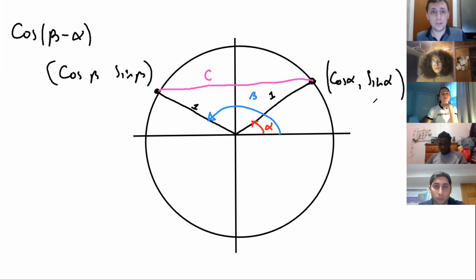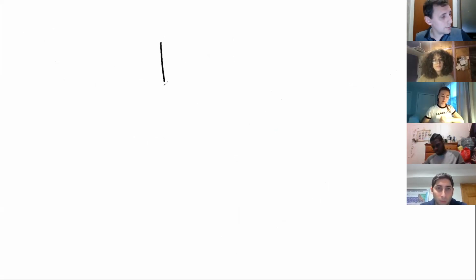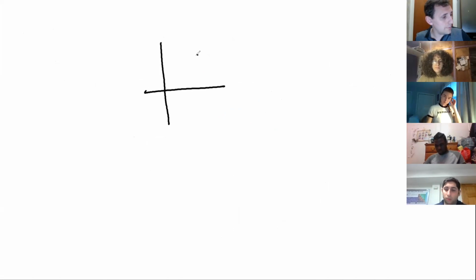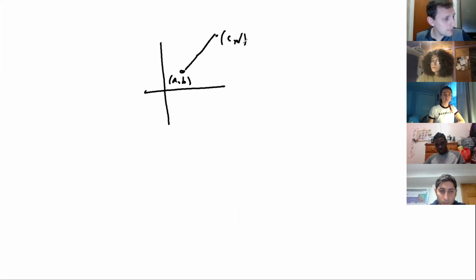Let me just remind you. If you have some coordinate system and you have a line with position A, B, and the other point is C, D, then I can complete it and make it the hypotenuse of a triangle. Here it is.